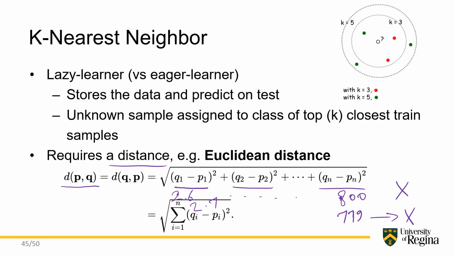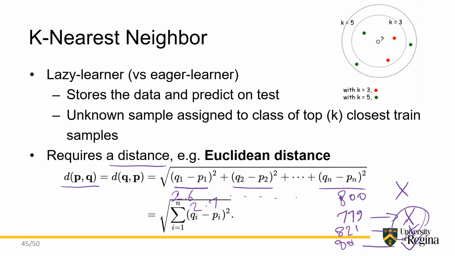So this is just a lazy learner that compares all the different cases and tries to find 3 similar cases, and maybe there's 801. Then if 2 of these 3 are not funded, it's going to choose not funded for me.